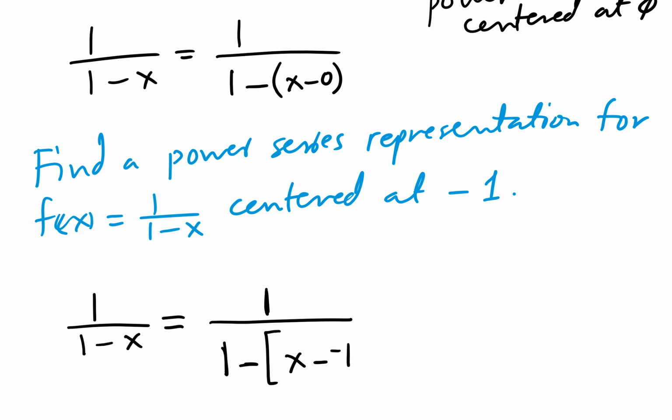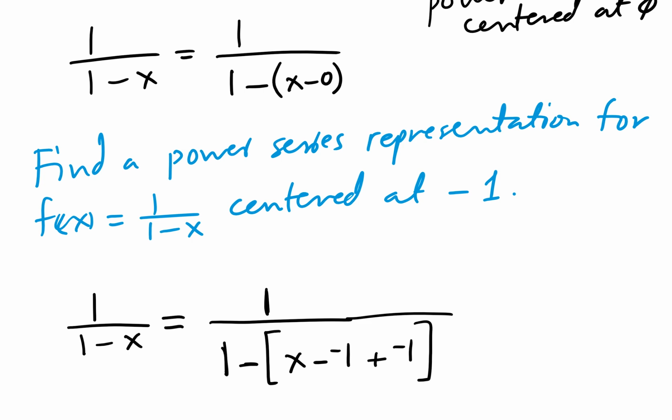That's what's centered at -1: x minus a or x minus c. But if you do it this way, we're not allowed to do that, because I basically just made it x plus 1 instead of x. To balance this, instead of just subtracting -1, we're going to add -1 as well. It's like completing the square.